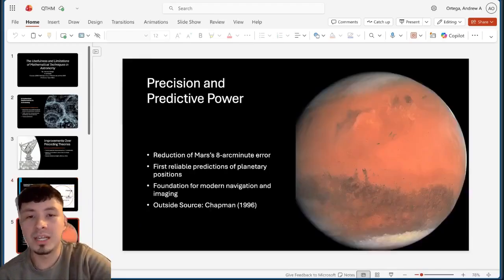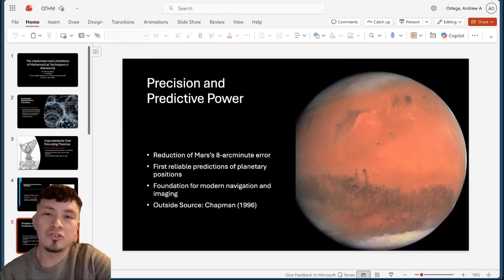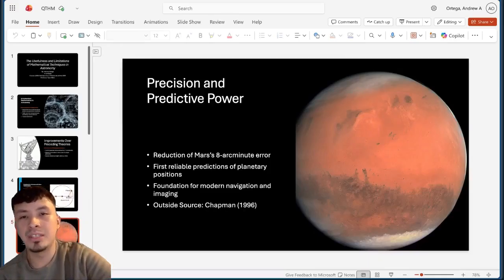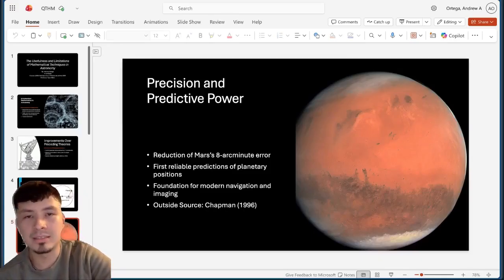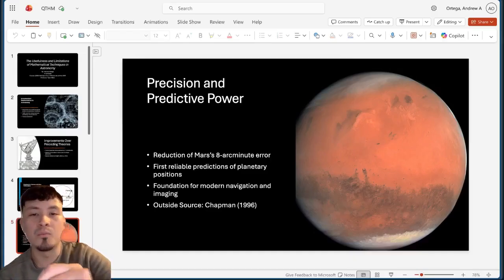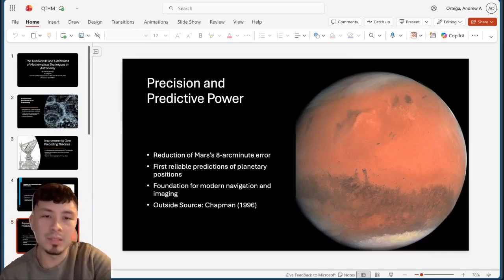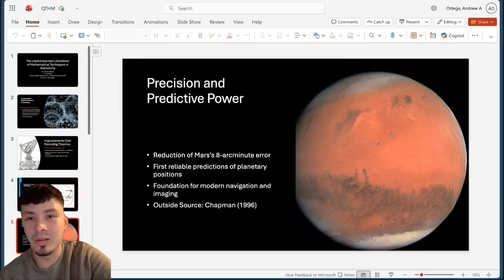So for slide number 5, Kepler really tried to show the precision and predictive power that mathematics has in astronomy. In a way, the reduction of Mars, for example, the reduction of Mars to an 8 arc minute error, right, which was a low error.